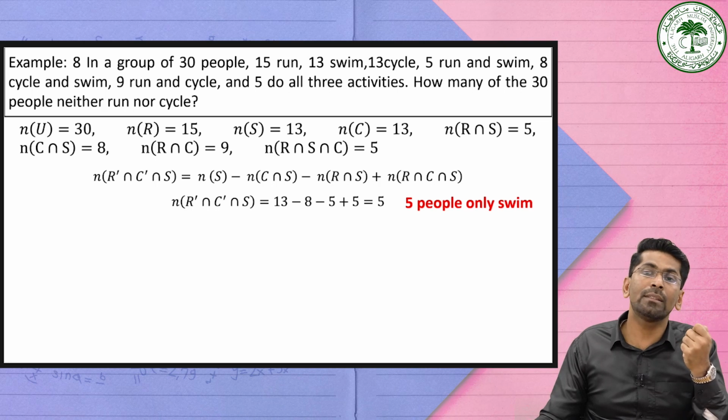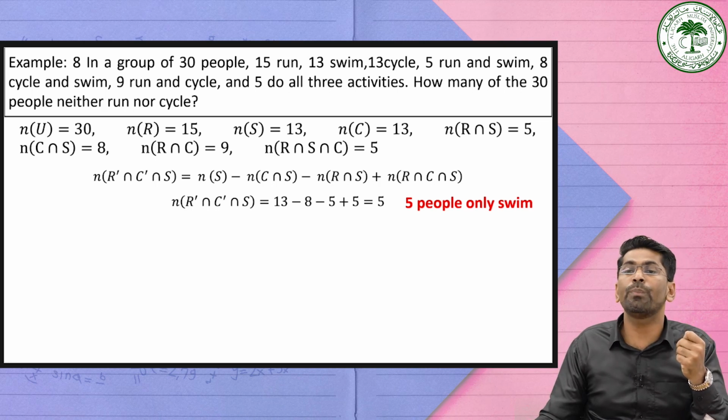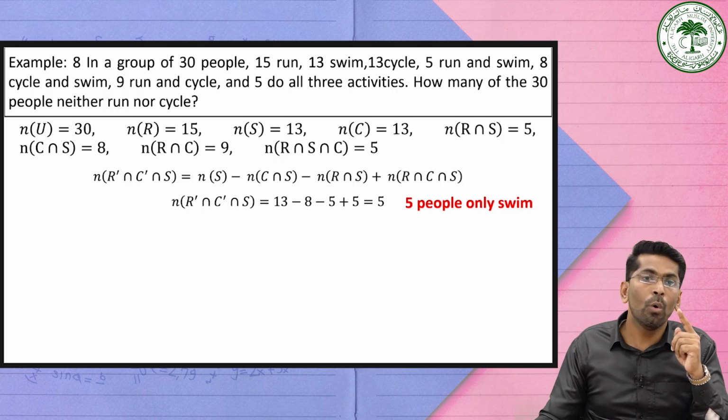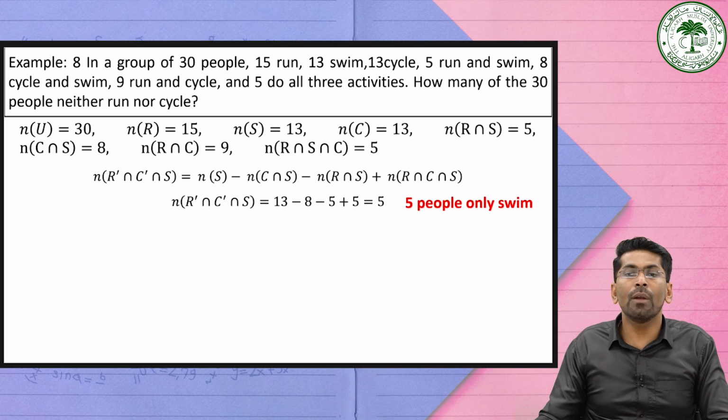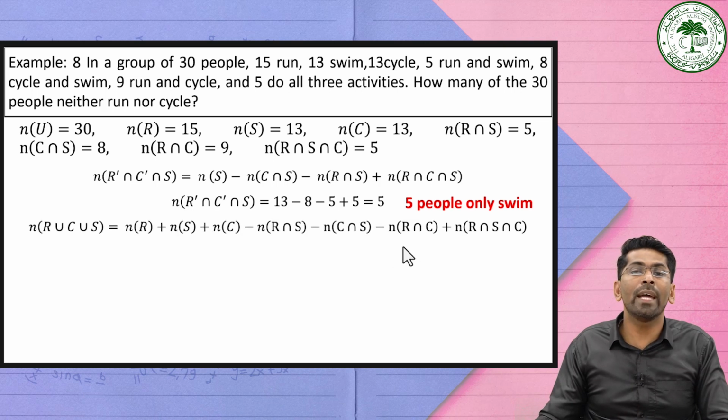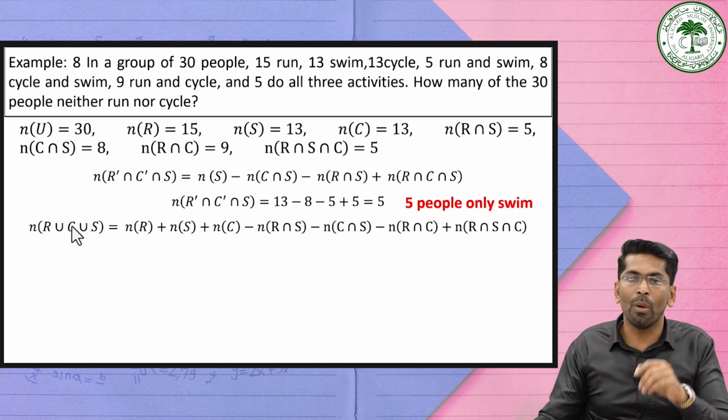Now our task is to find those people who do not do anything. For that purpose, we want to find the complement of the set of people who run, cycle and swim. So first we find the union of these three sets, so that we can find the complement as well.